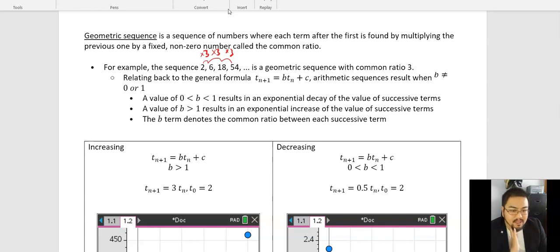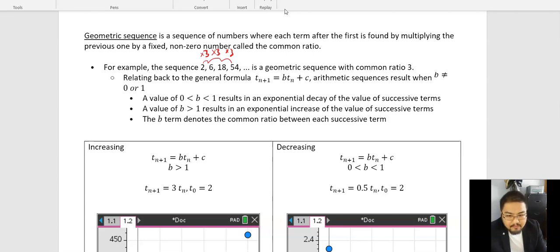Relating back to the general formula, Tn plus 1 is equal to b times Tn plus c. Geometric sequences result when b does not equal 0 or 1. Because if it equals 0, you don't have a multiplying factor, and if it equals 1, it becomes an arithmetic sequence.